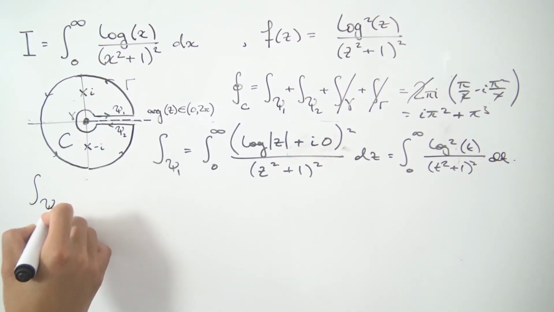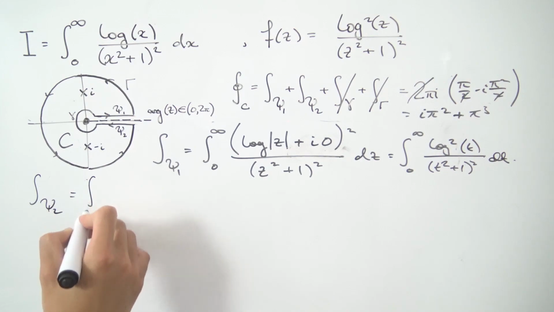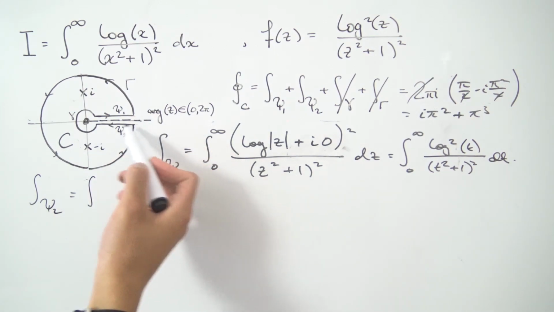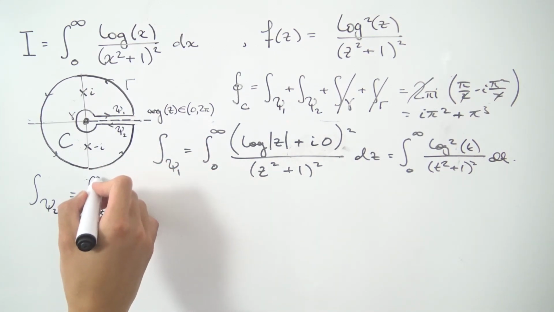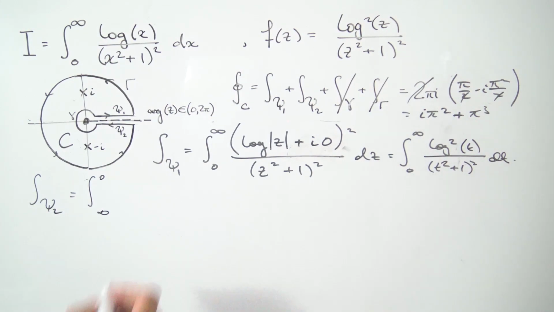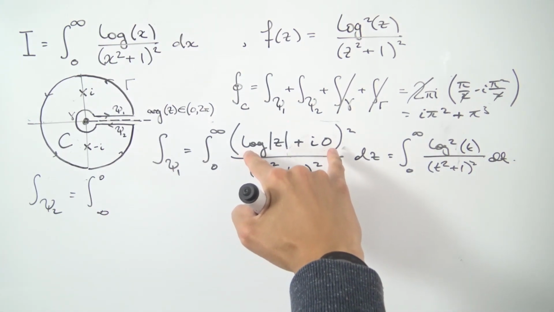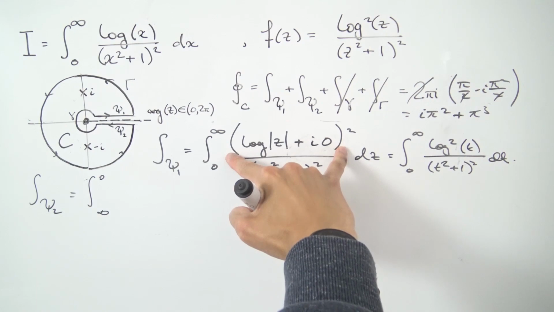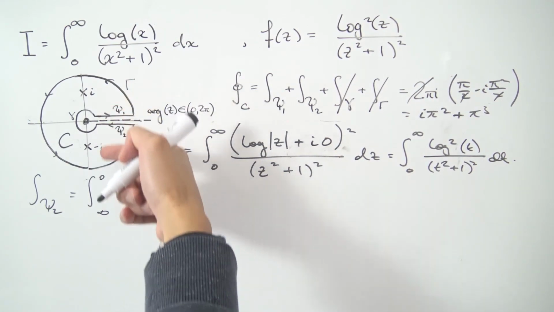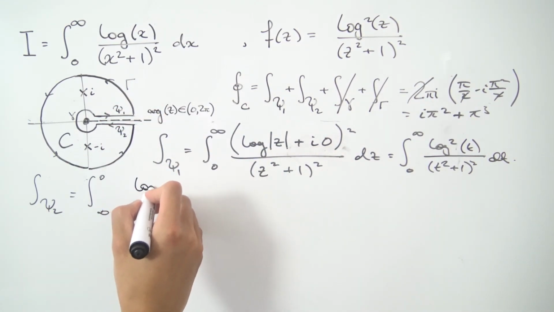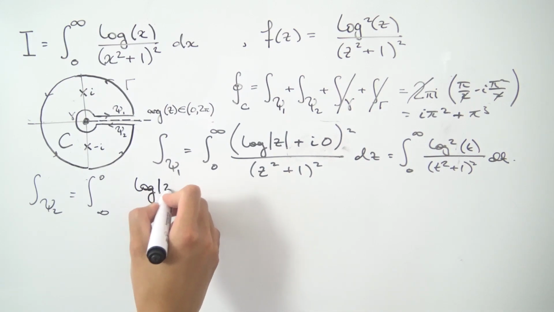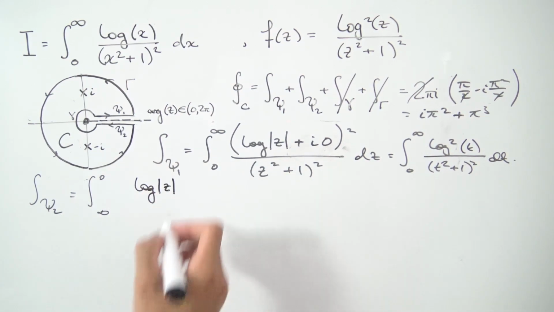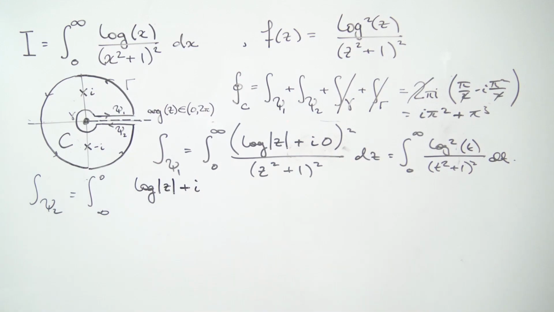Now how about psi2? So the integral over psi2, what is that? Well, we're going from infinity back to 0, of log squared of z. But if we approach from below, then log of z turns into log of the absolute value of z, plus i times the arg of z as we approach from below.